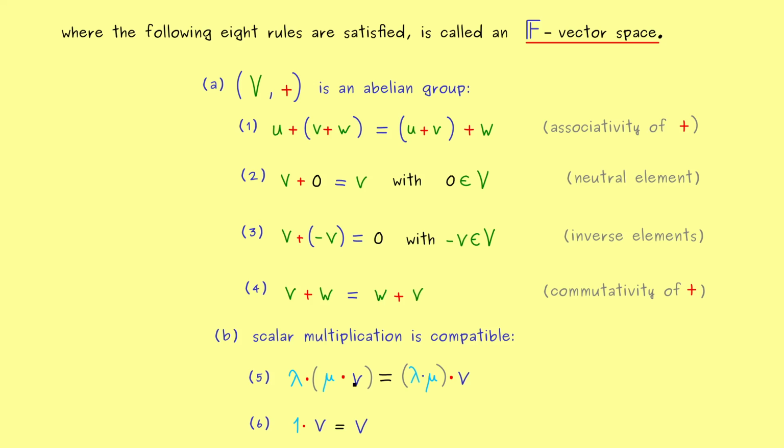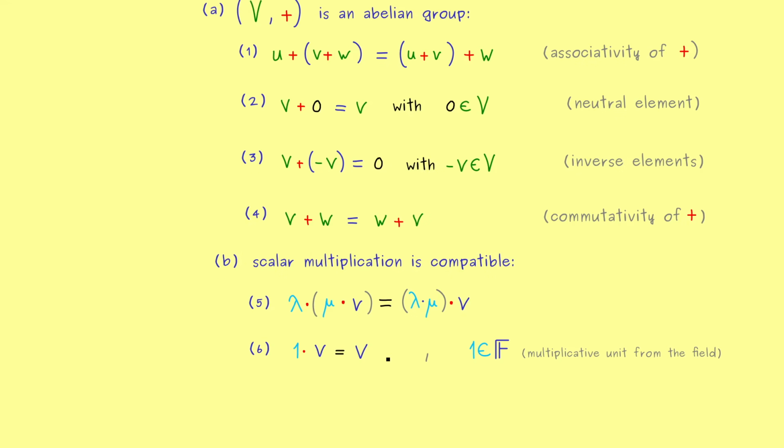However, the claim here is that the result should be the same vector, which means you can multiply the scalars beforehand. So it means the scalar multiplication is compatible with the other multiplication. And moreover, the second rule here tells us that the multiplicative unit from our field is also compatible with the scalar multiplication. So if you multiply with the scalar 1, you don't change the vector v at all.